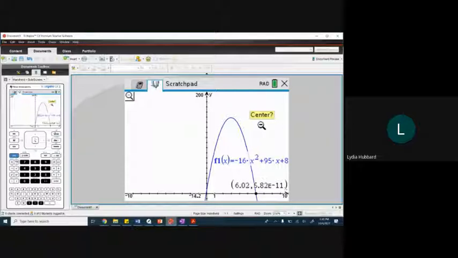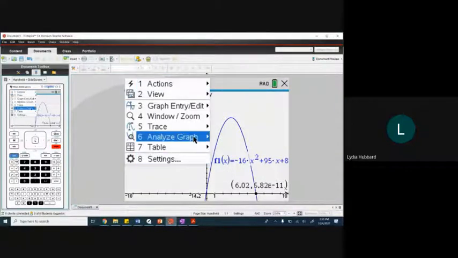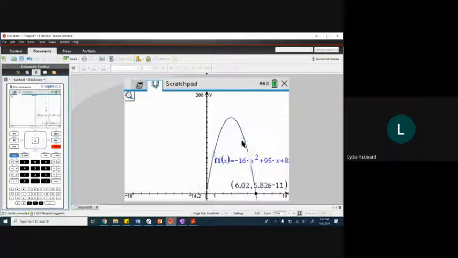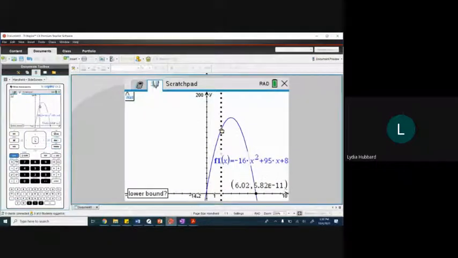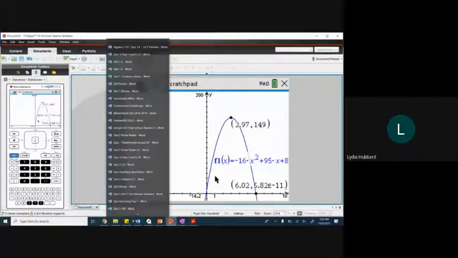So now I want to figure out how high this will go. So I'll hit Menu, Analyze Graph, and Maximum. I'll go to the left of the maximum, to the right of the maximum, and it gives it to me right there. So my maximum is the y value of this vertex, so 149. And that's happening at the x value, so at 2.97.